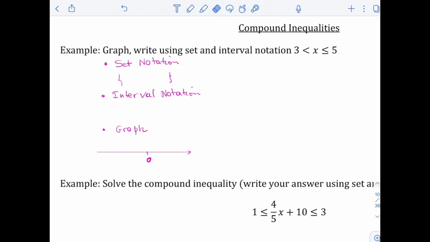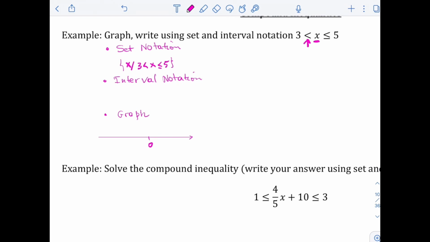We know 0 is the center. Let's start with the set notation. X is between 3 and 5, but since this one is an inequality with no equal sign on one side, we just have to write it with the condition. So that's the set of x such that 3 is less than x and x is less than or equal to 5. That's it for the set notation.